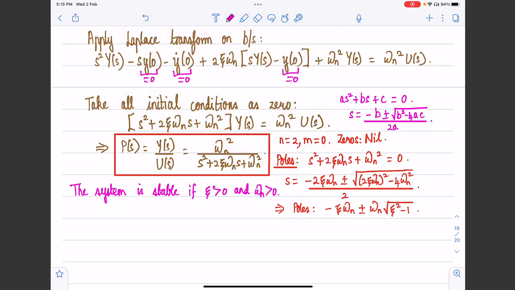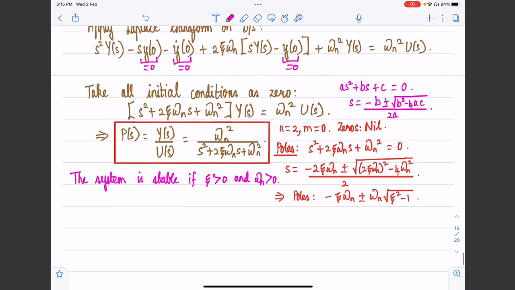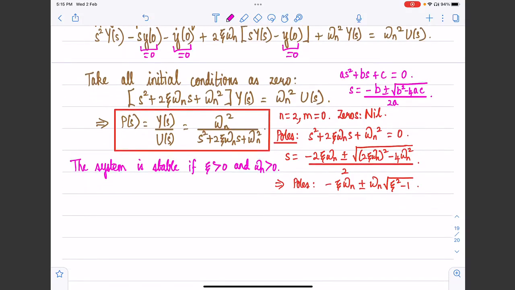When I look at it as a mechanical vibration problem, zeta being the damping ratio and omega n being the natural frequency, I would expect them to be positive. But even otherwise, if we take any general problem where zeta and omega n are real numbers, if zeta is greater than 0 and omega n is greater than 0, in fact, the system is stable. Okay, so this is sufficient.